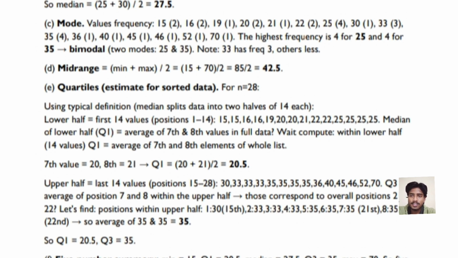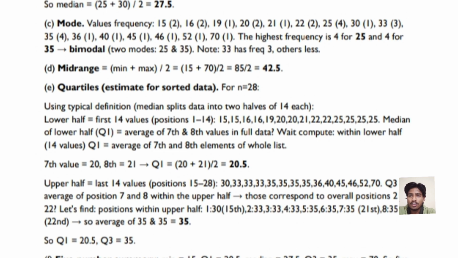Now the next is E, quartiles. Estimation for a small dataset. Quartiles for n equals 28, the number of terms is 28. Using the typical definition, the median splits the data into two halves of 14 values each. The lower half is positions 1 to 14. Q1 is the median of the lower half, the average of the 7th and 8th values.